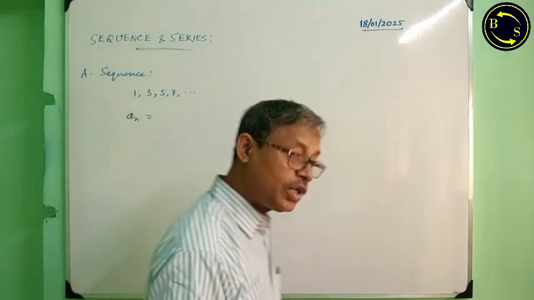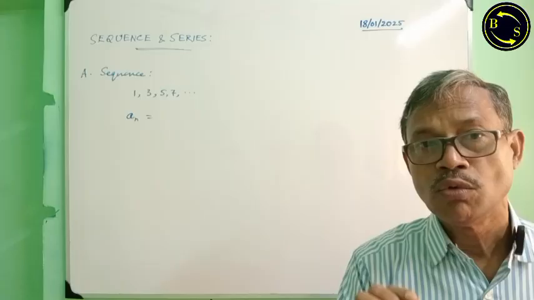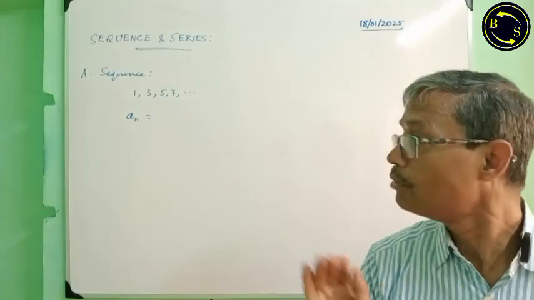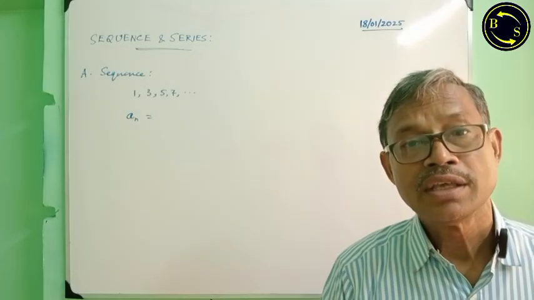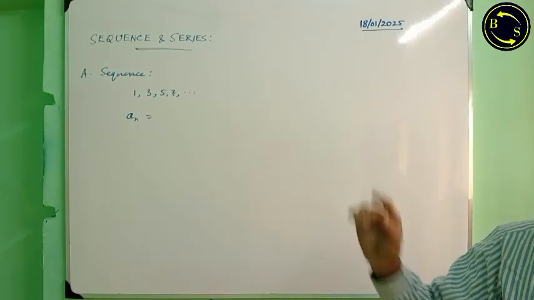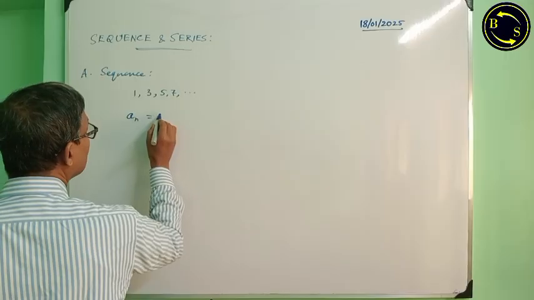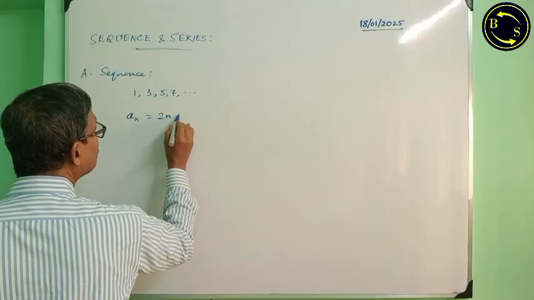That means by putting values 1, 2, 3 in place of n, we shall get the respective terms. I take it like this: An is equal to 2n plus 1.